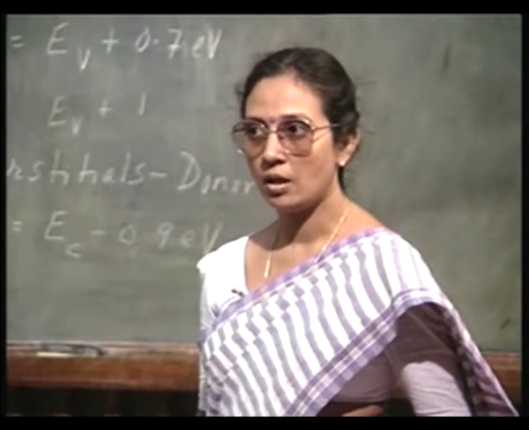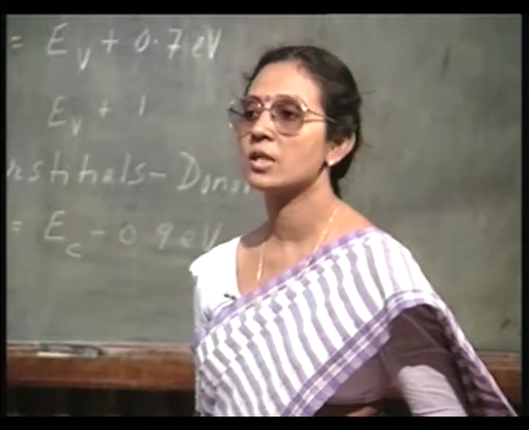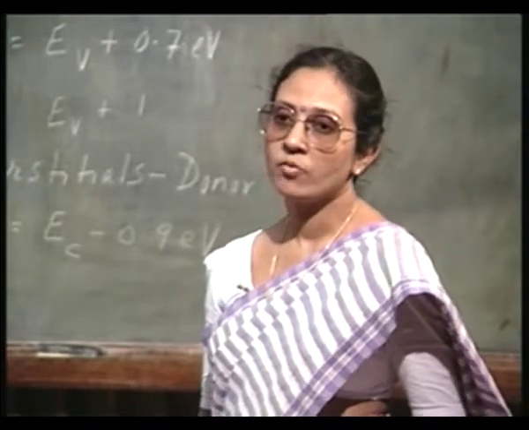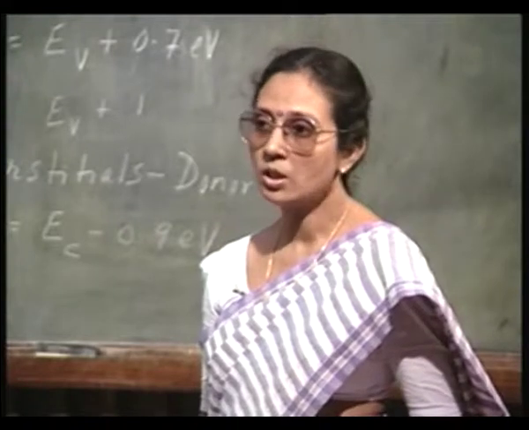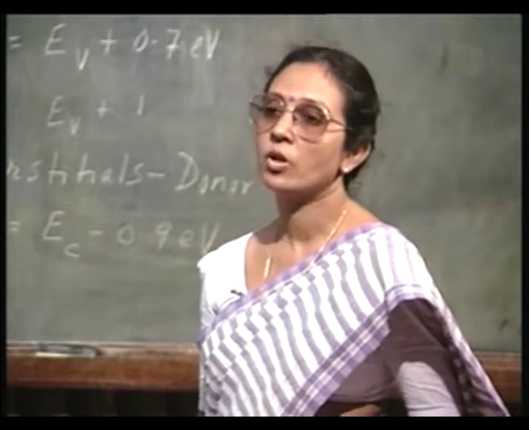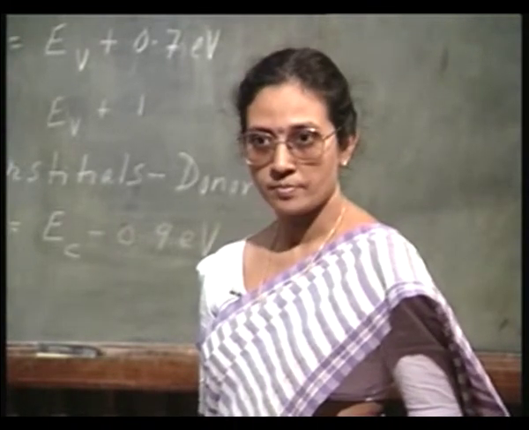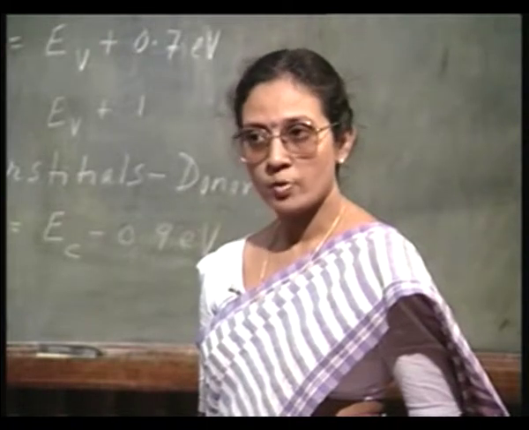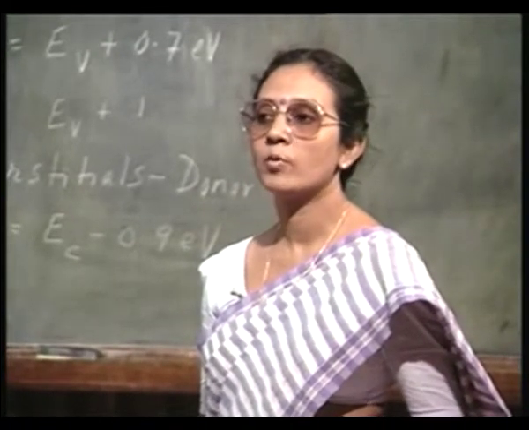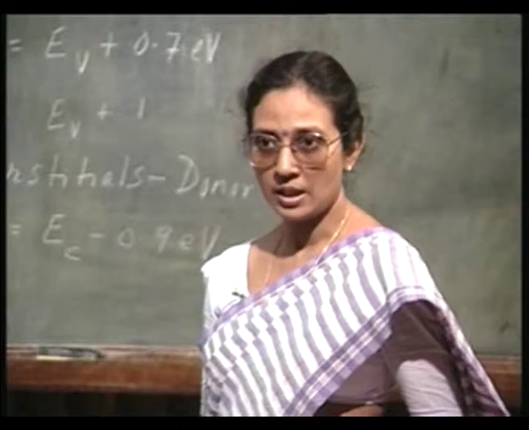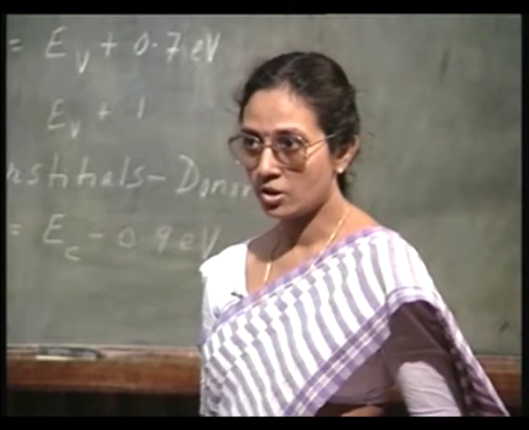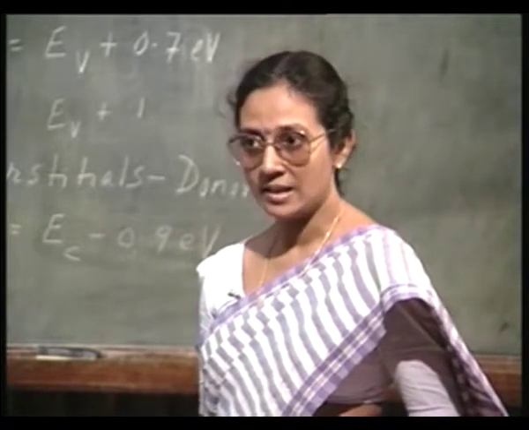Normally if you do not have such deep levels, then for generation or recombination you need a transition from EC to EV. By providing this deep level, it is like providing a staircase, so that the generation recombination is facilitated.